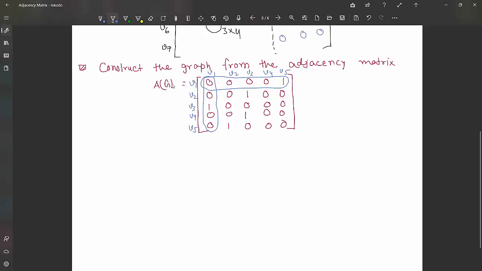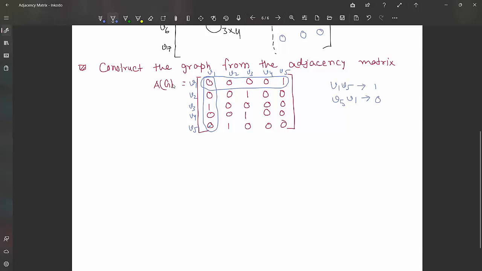But if you see the relation here, v1 v3 there is 1, but if you take v5 v1, this element is actually 0. That means there is one edge between them, but the direction is from v1 to v5.